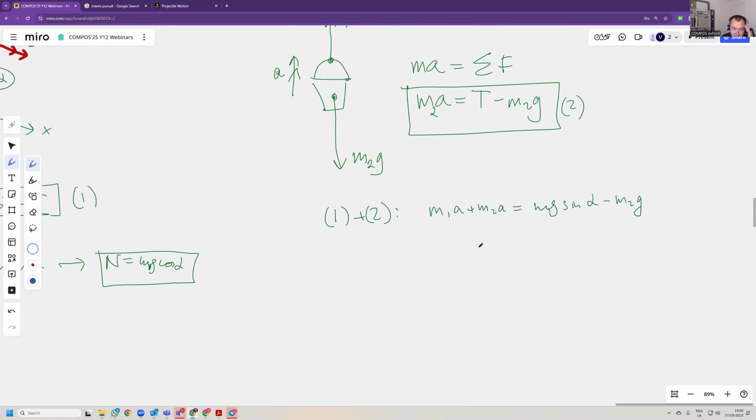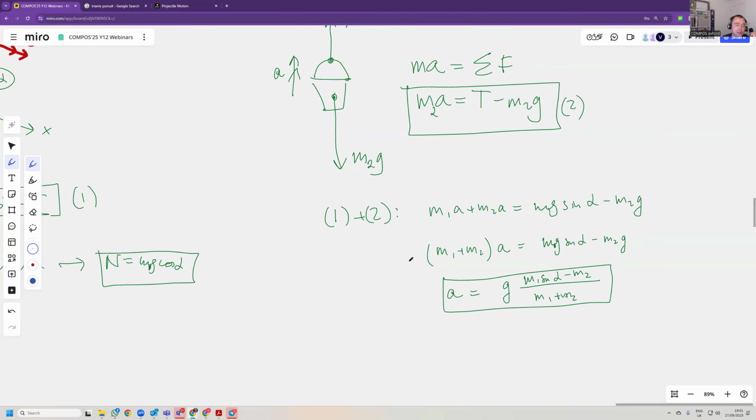And that means that (M1 plus M2)a equals M1g sine alpha minus M2g. So the acceleration is g times (M1 sine alpha minus M2) divided by (M1 plus M2).